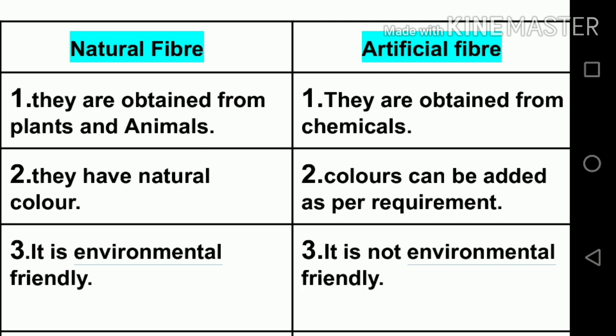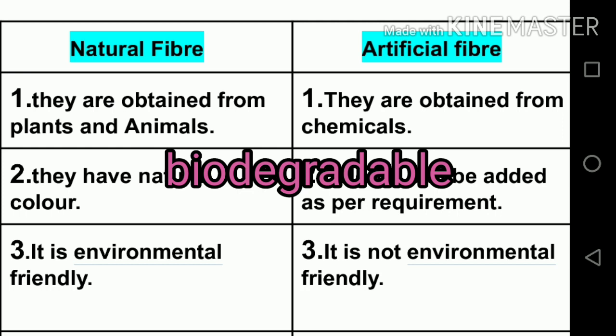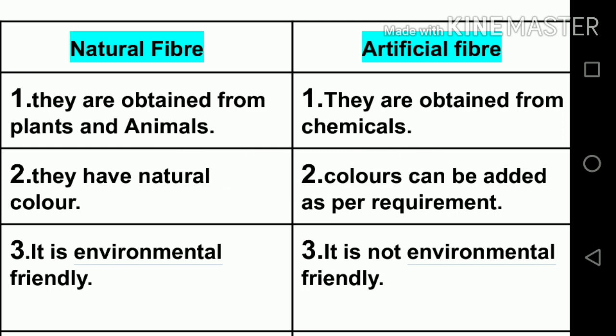Natural fibers are environment friendly. What do we mean by environment friendly? It means they are biodegradable and will not harm. If cotton clothes rot, they degrade and do not pollute the soil or the atmosphere. But artificial fibers are not environment friendly because they are non-biodegradable.